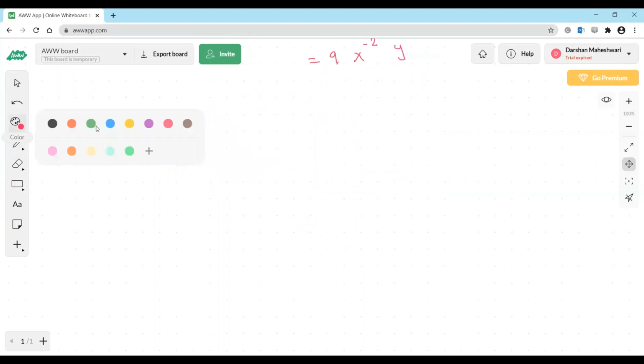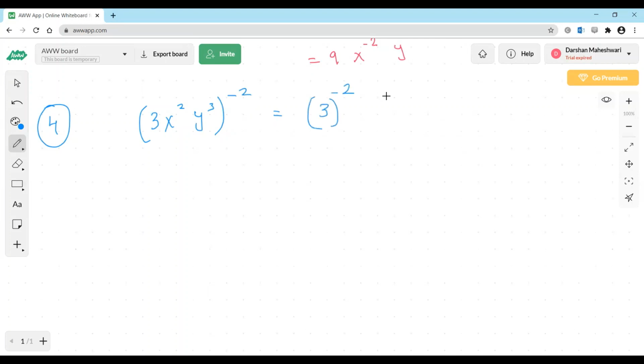Let's talk about another example, example 4. 3x square y cube, the whole raised to the power minus 2. Again, we can rewrite this as 3 raised to the power minus 2, then x square raised to the power minus 2, then y cube raised to the power minus 2. 3 raised to the power minus 2 is nothing but 1 over 3 square.